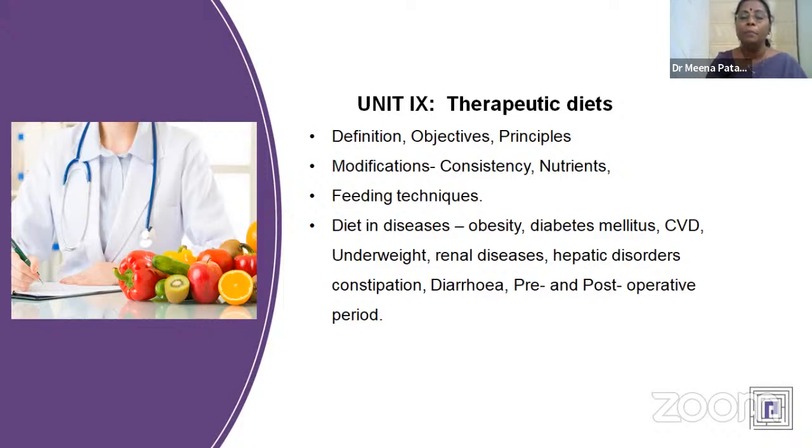Then cardiovascular disorders. What is meant by cardiovascular disorders? There are so many in detail. So you'll be studying about each, the role of fat in causing and prevention of cardiovascular disorders.